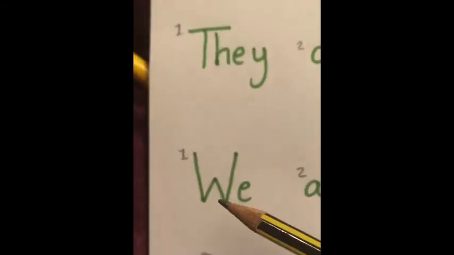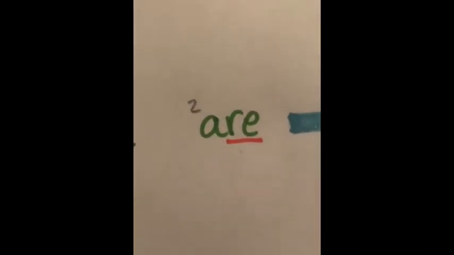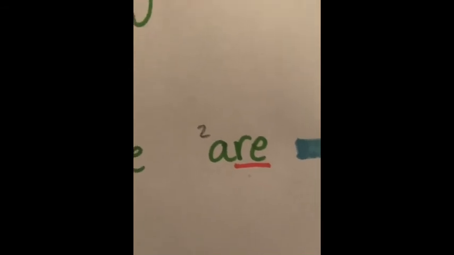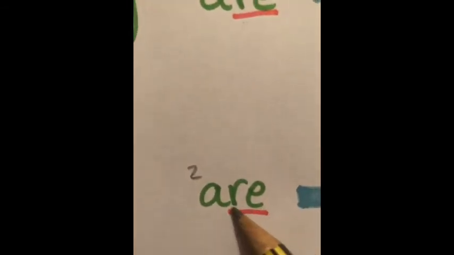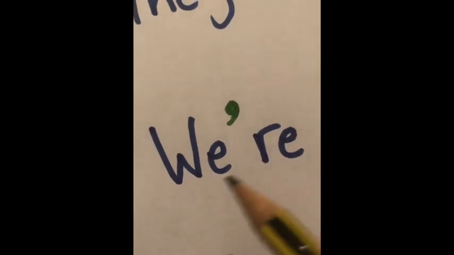Now, after writing the first word, what do we put? Excellent. Apostrophe. We put apostrophe. Now the second word is are. It's not is or am. It's are. It's different. So what do we do? We take the last two letters. Okay? Two letters. R and E. Okay? So R and E. We're.